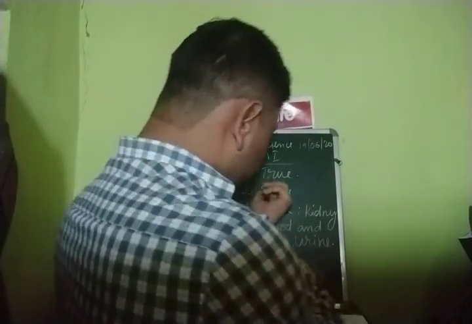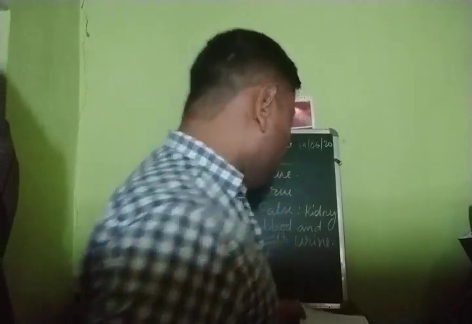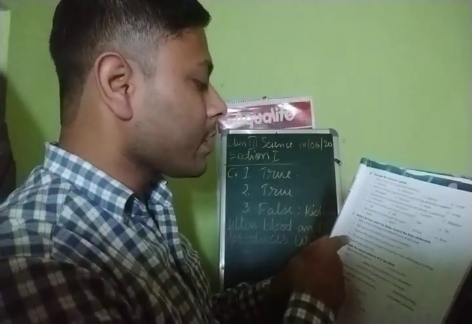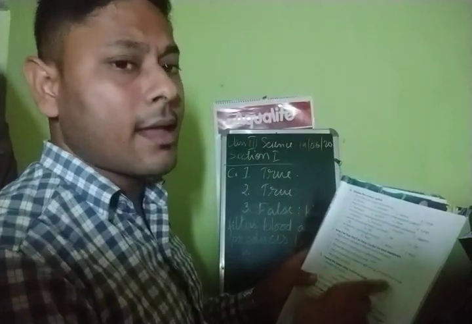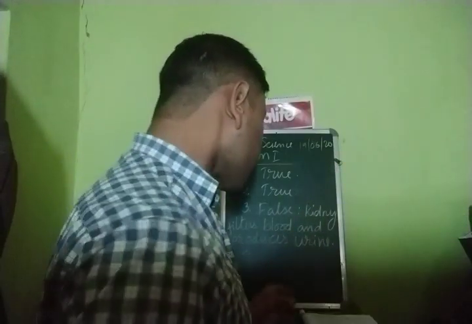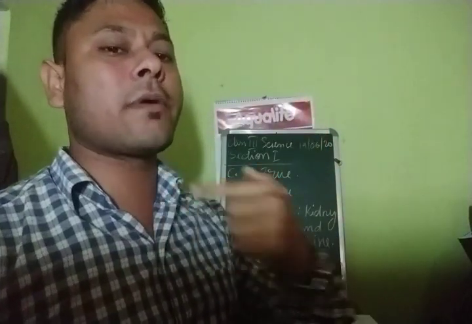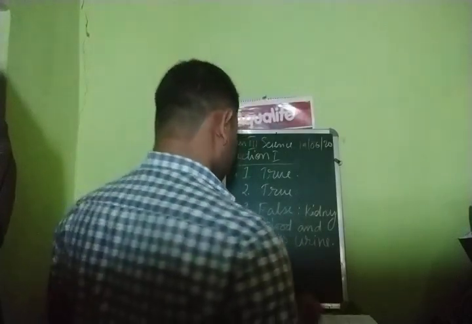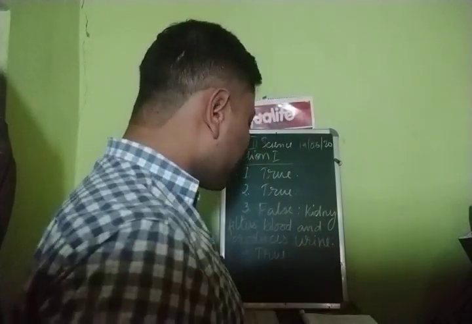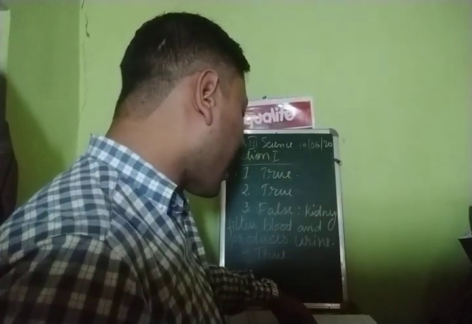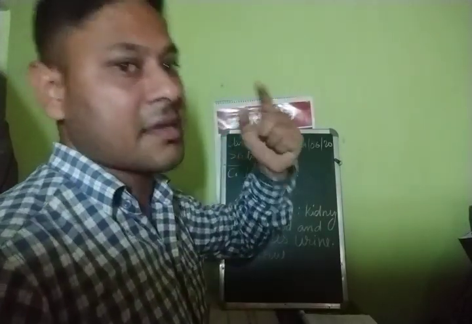Question number 4. The air we breathe in passes through our nose, windpipe and lungs. Yes, it is true. From the nose it goes to the windpipe, and from there to the lungs. So point number 5 says that heart helps us to think. Is it?